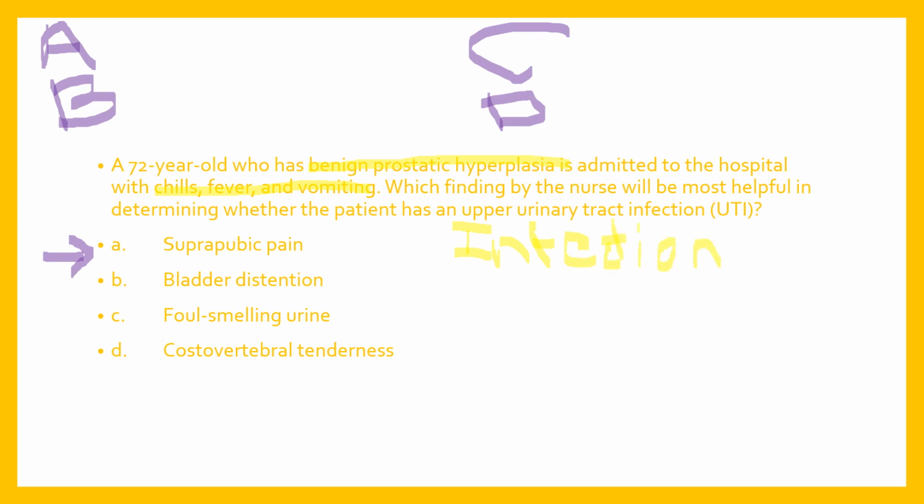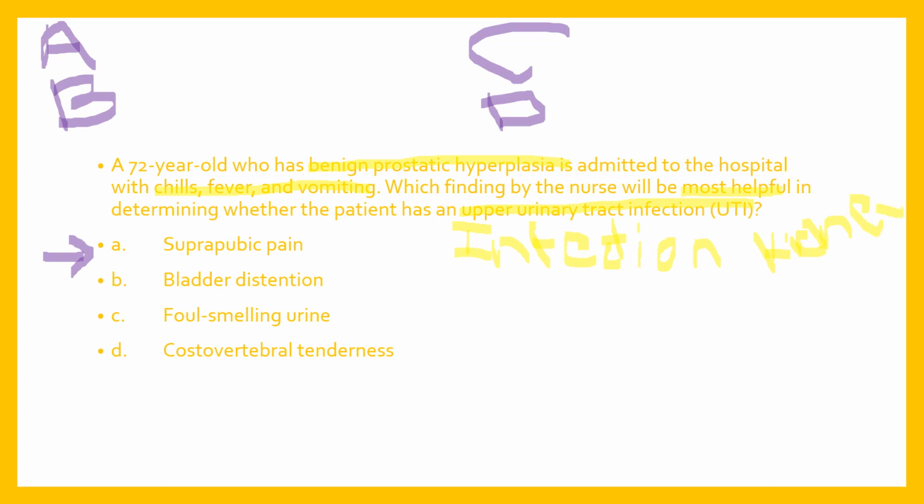Yep, that's infection. So we want to know what's most helpful to determine whether the patient has an upper UTI. Now, an upper UTI would be what? Yes, it's going to be in the kidneys, right? We're looking for kidney symptoms, kidney issues.